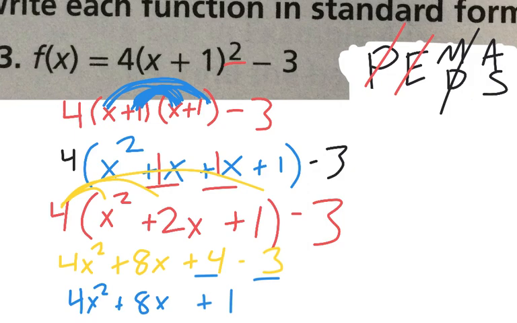And then on the second graph, I want you to put this one in. 4x squared plus 8x plus 1. And graph them. The second one is this one down here. 4x squared plus 8x plus 1.